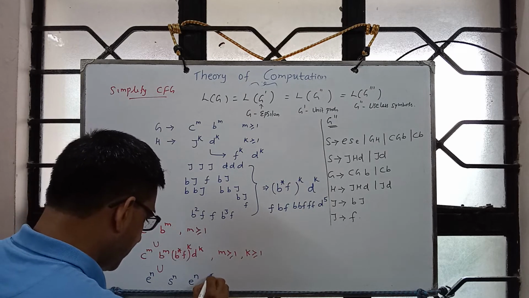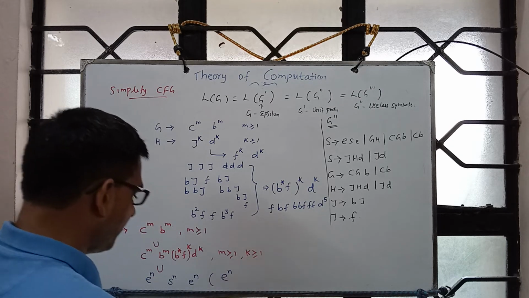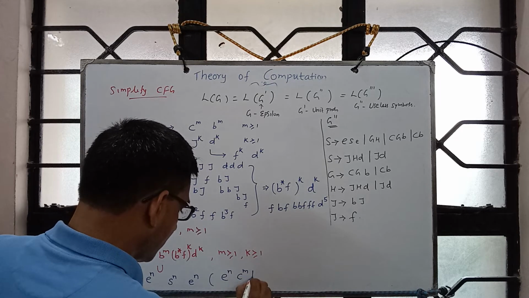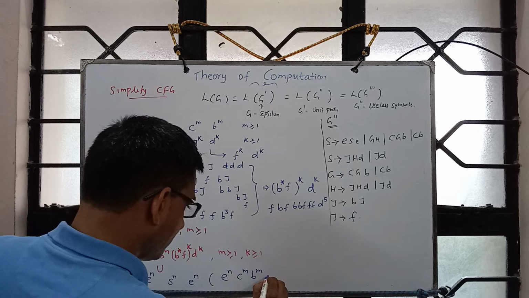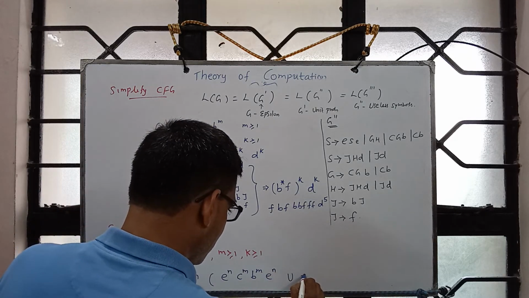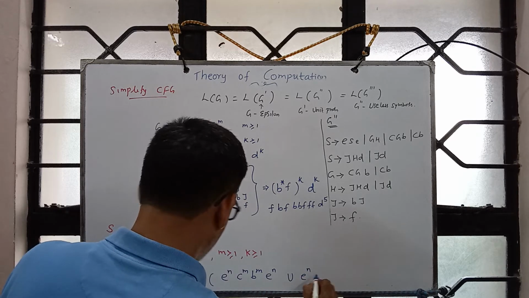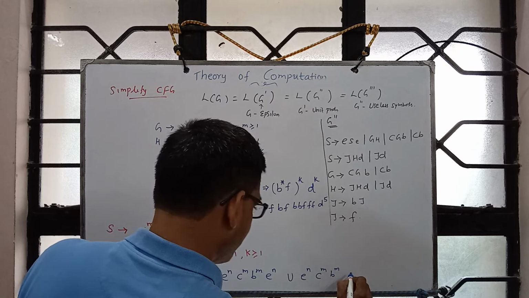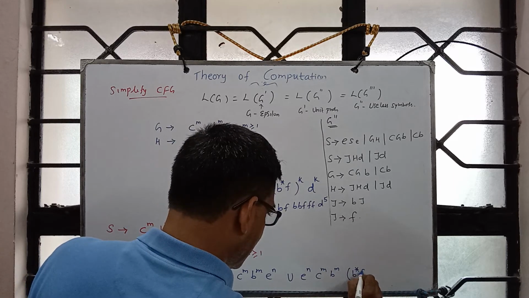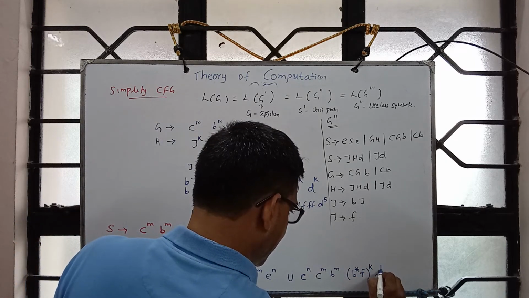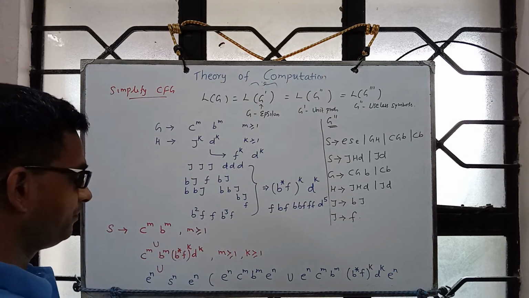So which means from this we may get e power n, C power m, B power m, e power n, or e power n, C power m, B power m, B star f to the power k followed by D power k followed by e power n.